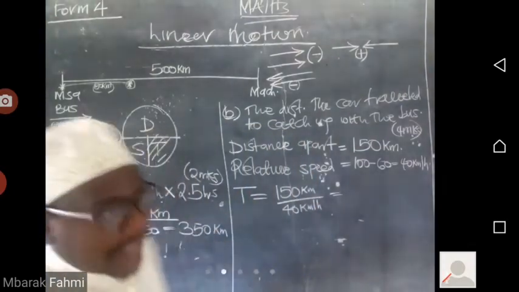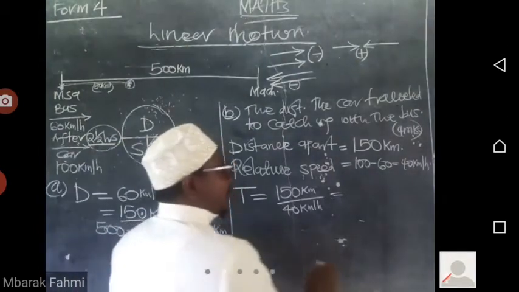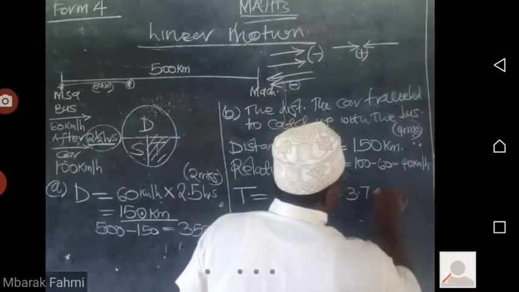If you divide the two, you will get the time it will take for them to meet. So divide by 40. You will get 3.75 hours, or rather 3 and 3 over 4. Whether you use the decimal or the fraction, there's no problem.